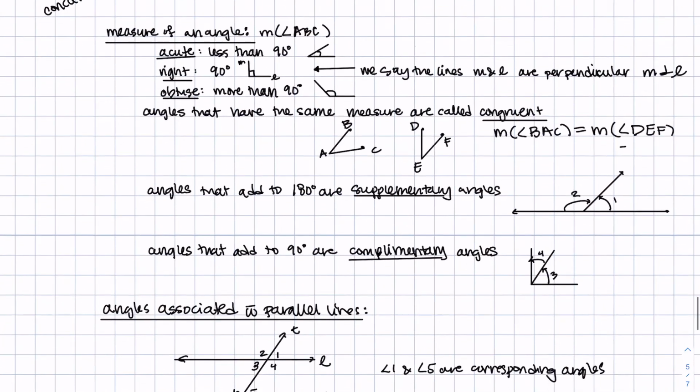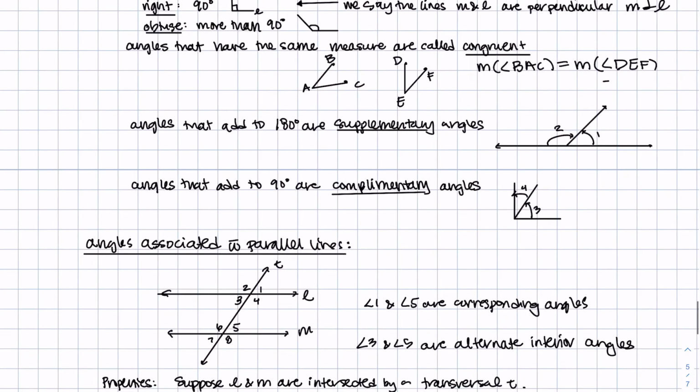Two angles are supplementary if when I add their measurements, I get 90 degrees. So, if they add to 180 degrees, I'm sorry. So for instance here, if I add the measure of angle 1 and the measure of angle 2 here, I should get this whole 180 degrees.